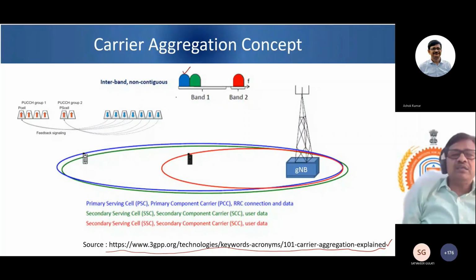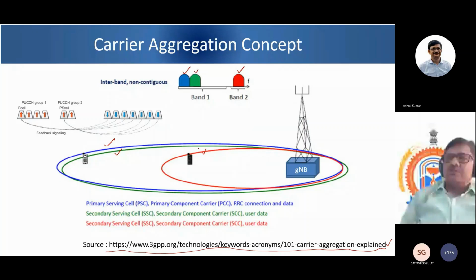The blue color and the green color are the lower frequency bands, and the red color is a higher frequency band. As blue and green are lower frequency bands, the coverage area would be more, and with higher frequency band, your coverage area would be less.